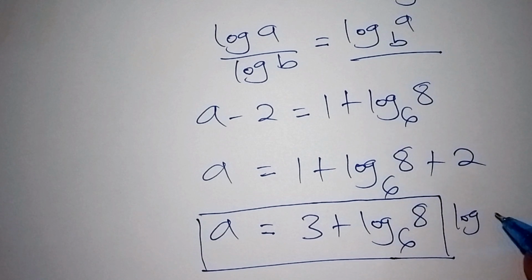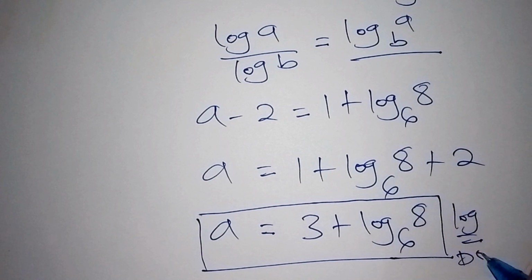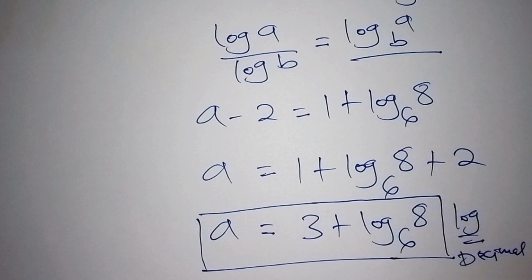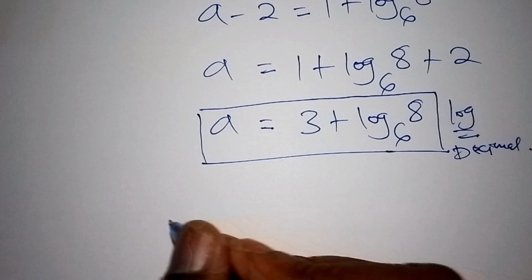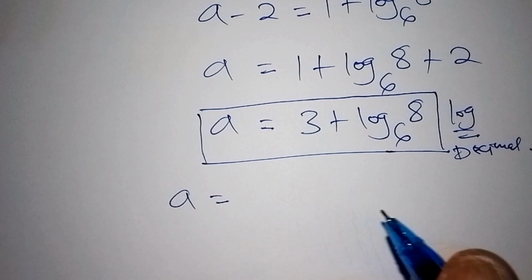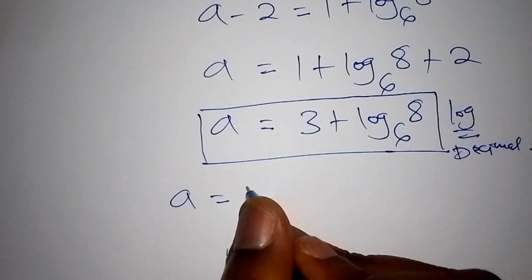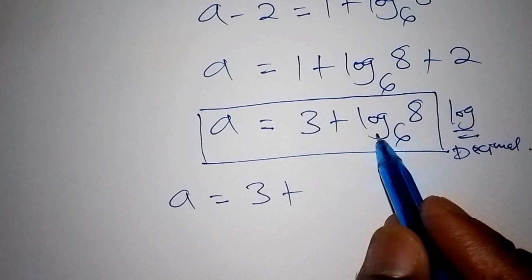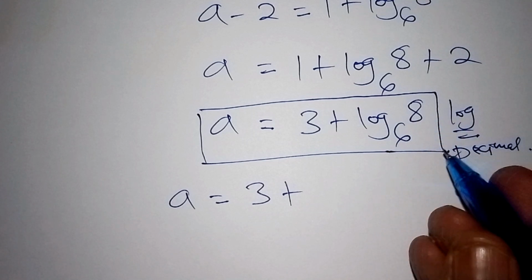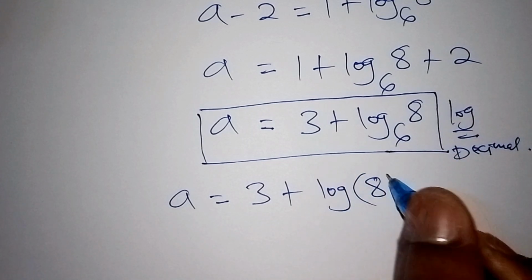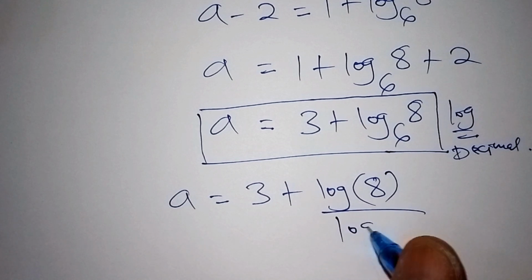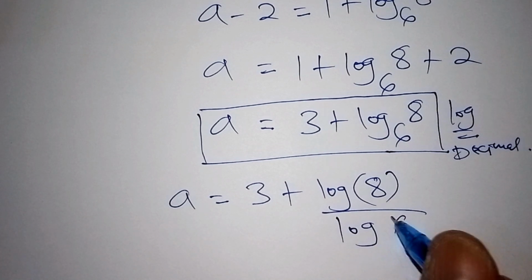We can also express this in decimal form. So a is equal to 3 plus the log of 8 to the base of 6, which is the log of 8 all over the log of 6.